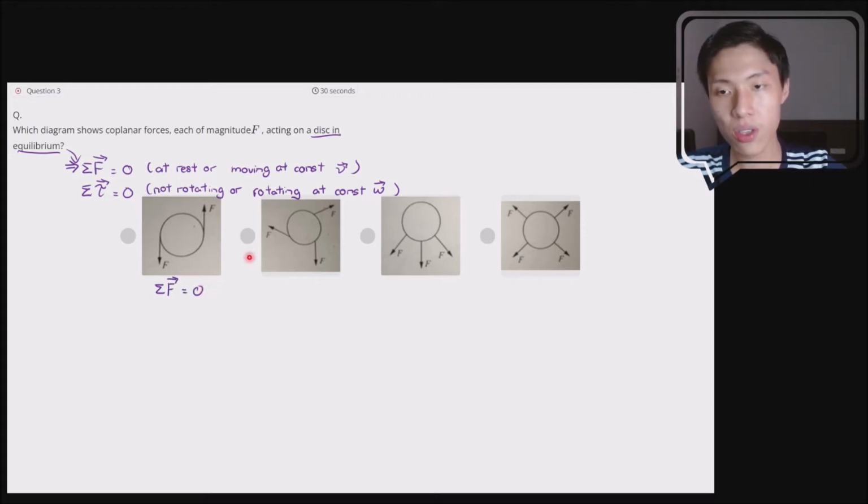Let's look at the next situation. You have force being applied at an angle. If you look over here, you have some amount of force that is pointing upward and rightward. So it has to be balanced by something that is pointing leftward and downward. You have something that is pointing leftward, that's good, and you have something pointing downward, that's good.